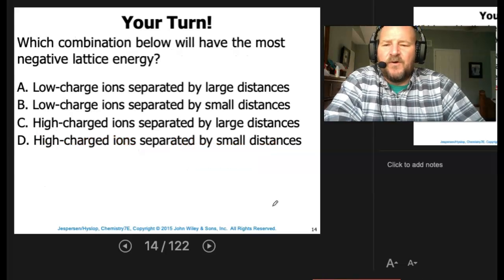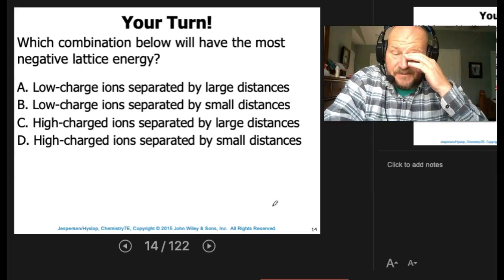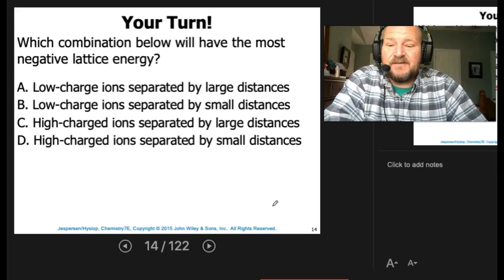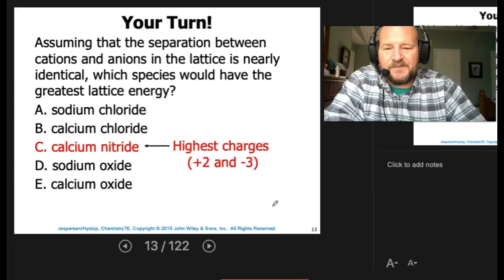Okay. Which combination below will have the most negative lattice energy? So low charge ions, high charge ions, large distance, small distance. So we just saw that the higher the charge, right? So we go back to that last one, the higher the charge, right?